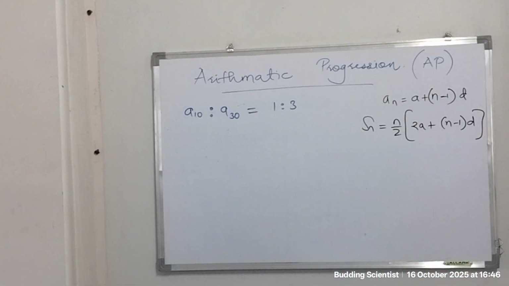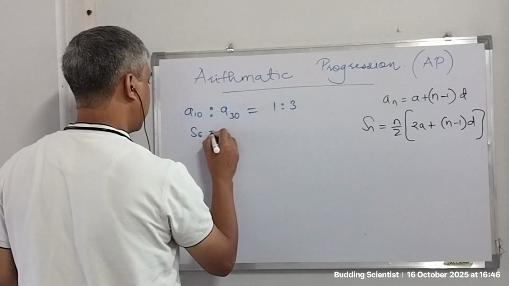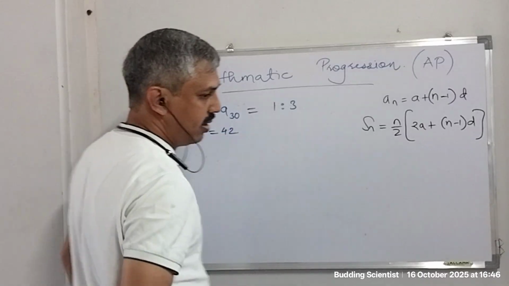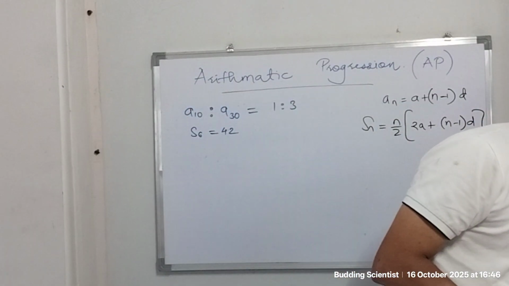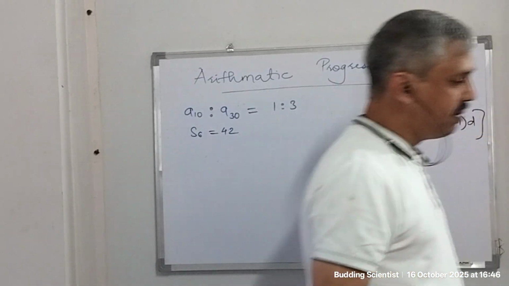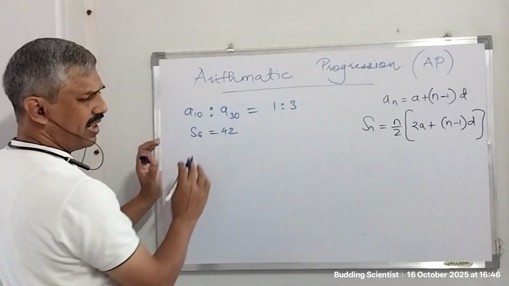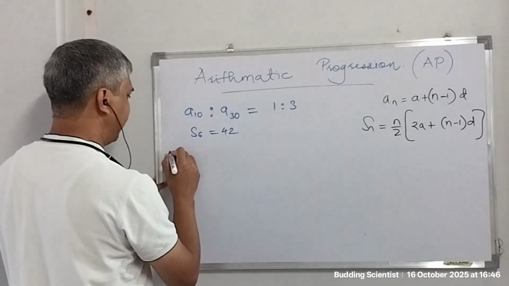The sum of the first 6 terms is 42, so S6 is 42. Calculate the first term and the common difference. We'll just write the data as it is and see what can be done.